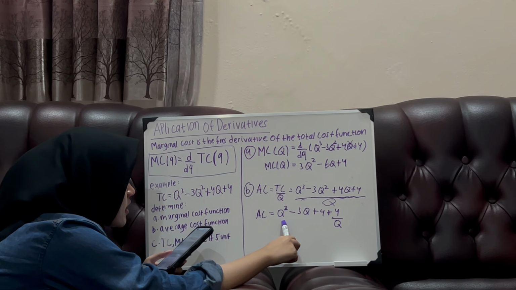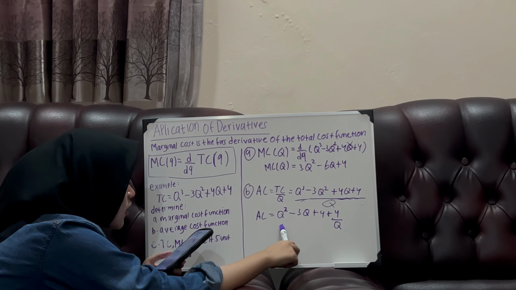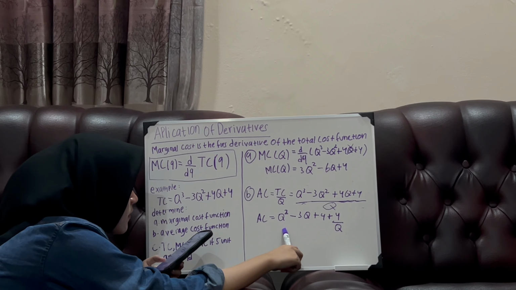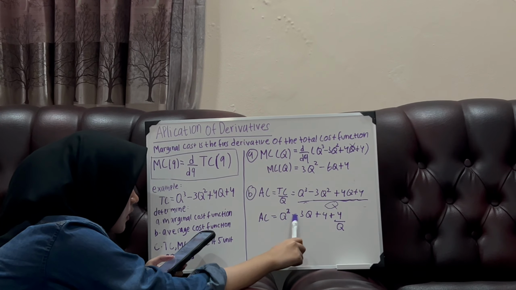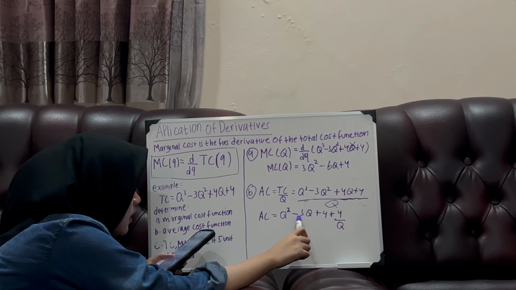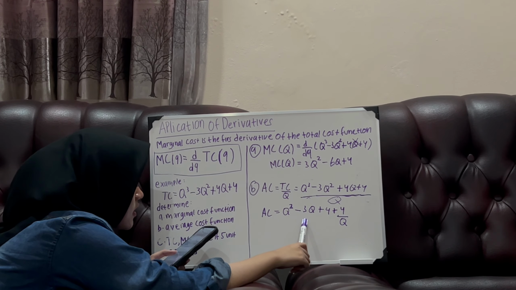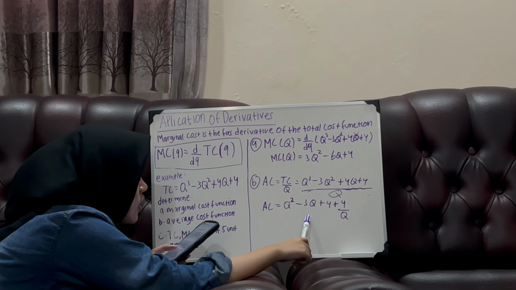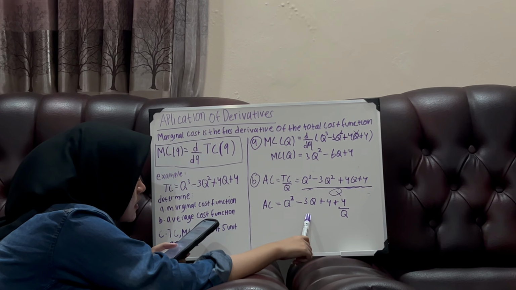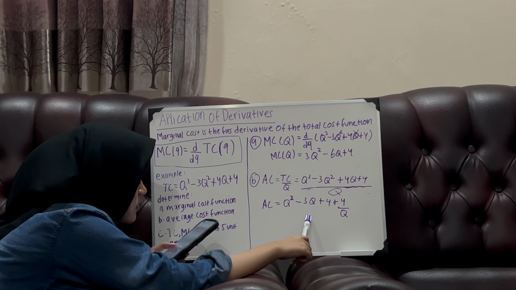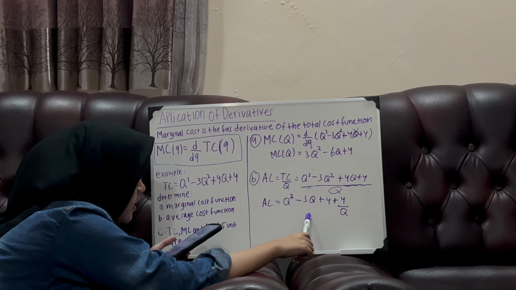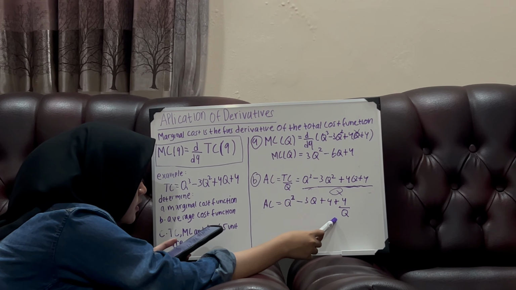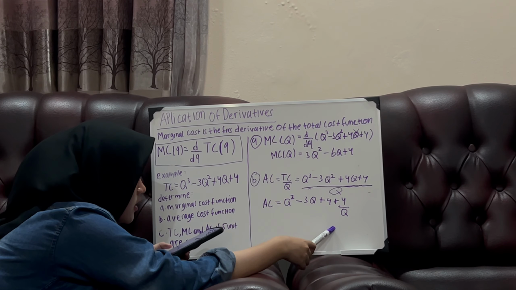Because this is the average variable cost that increases with increased production. And 3Q, this is decrease in cost due to efficiency at a certain scale of production. And 4, this is a constant average variable cost.